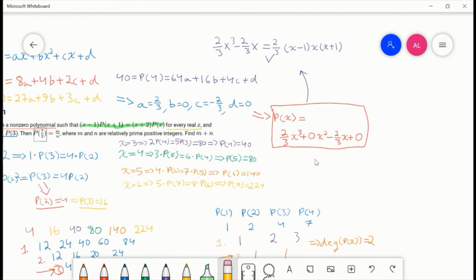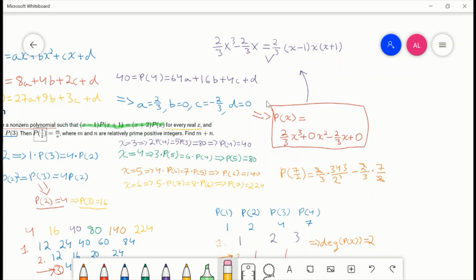Let's just find p of 7/2. So we have p of 7/2 is equal to 2/3 times 343 over 2 cubed. I noticed I didn't write out 8 because there's some cancellation going. Minus 2/3 times 7/2.